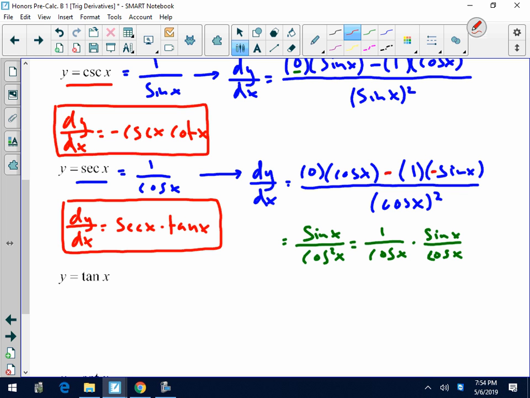So we can say that our derivative can be written in the form sine x over cosine squared x. And here we can factor one of the divisions of cosine out, giving us 1 over cosine x times sine x over cosine x. And then we can rewrite our derivative as secant x times tan x. So the derivative of secant is secant tan.